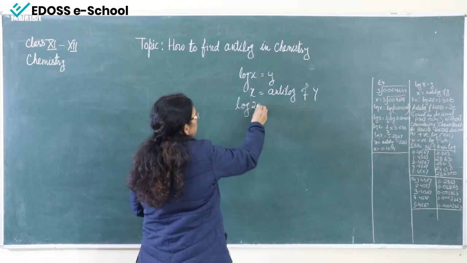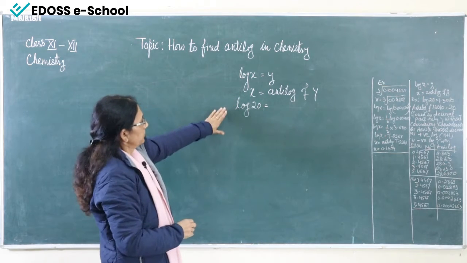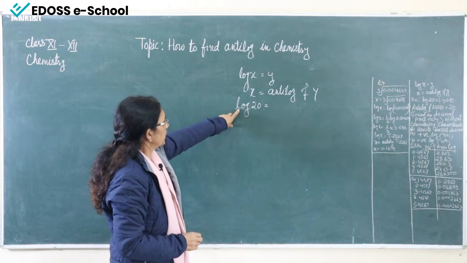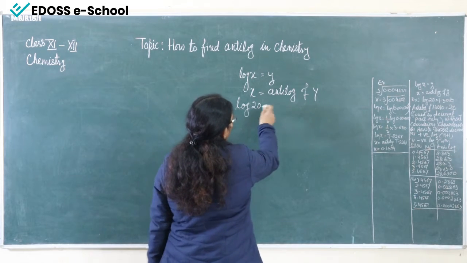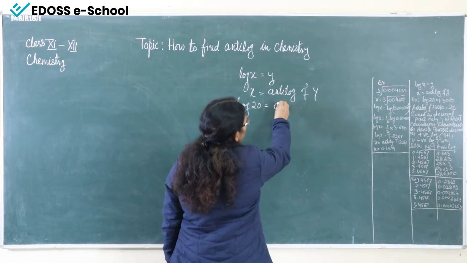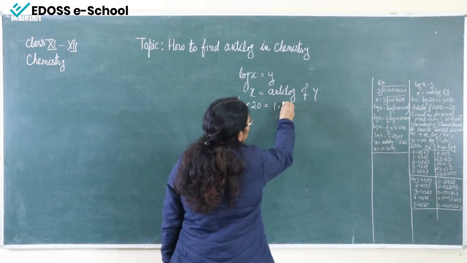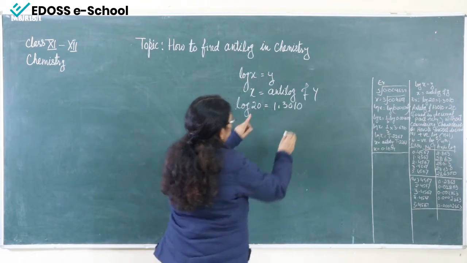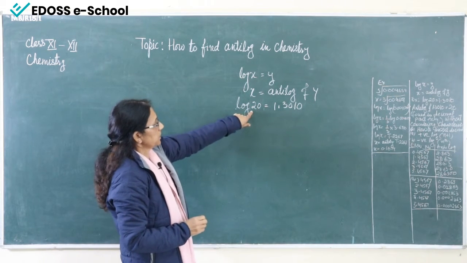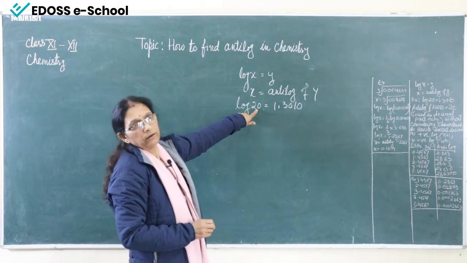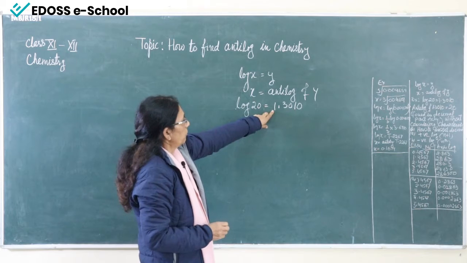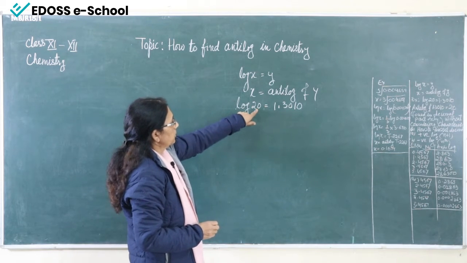Now, suppose in place of log x I take log 20. With the help of the log table, I know that the value of log 20 is equal to 1.3010. The 1 is the characteristic, because we take n minus 1.